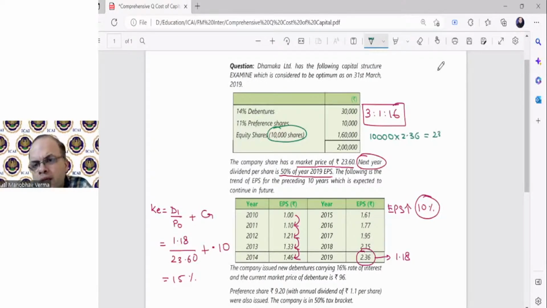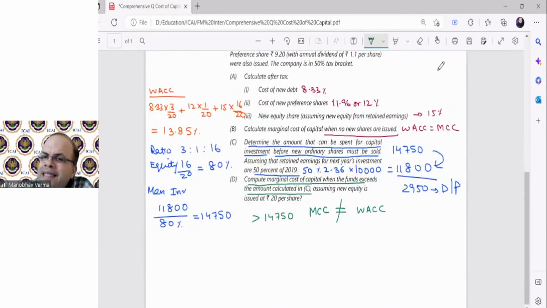So total earnings is 23,600, and we are planning to retain 50% of this. That is given in the question itself. So 50% of 23,600 is 11,800. And if that has to be the equity contribution, which is 80%, then 100% capital investment will be 11,800 divided by 80%, which is 14,750. I hope it is clear now.